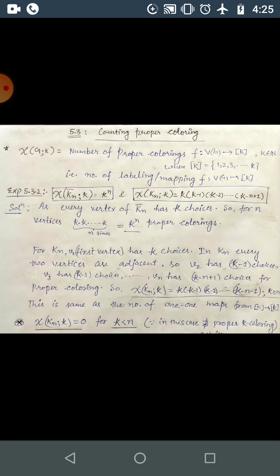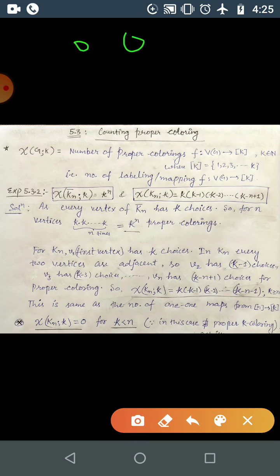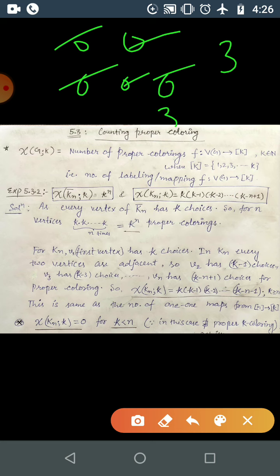Likewise if you have 4 vertices or 5 vertices, and the number of colors given is, suppose, 3, then every vertex has 3 choices each, correct? Because we are coloring all the vertices, by the product rule you can say 3 into 3 into 3 into 3 into 3 for the 5 vertices.